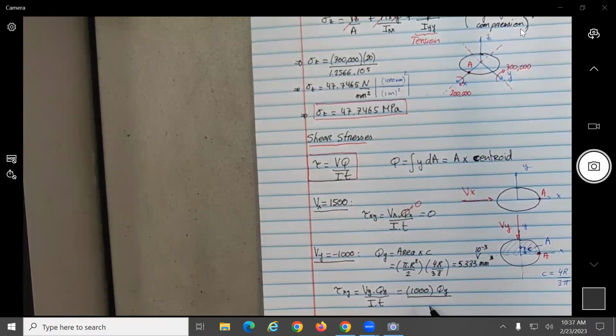Okay, so basically now you substitute here. This was the IXX, which is the same as the other one, 1.2566 10 to the 5th. And now maybe something I can put, what would be T? What is T? T will be the width of the shaft, no? What's the thickness? Which will be 2R.